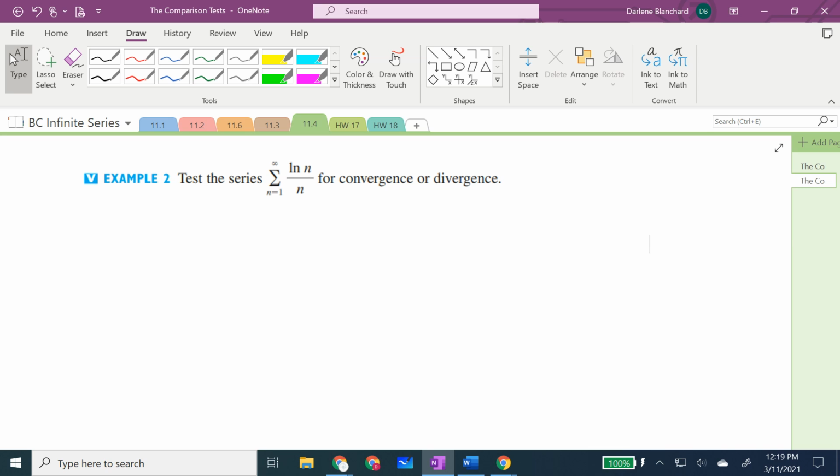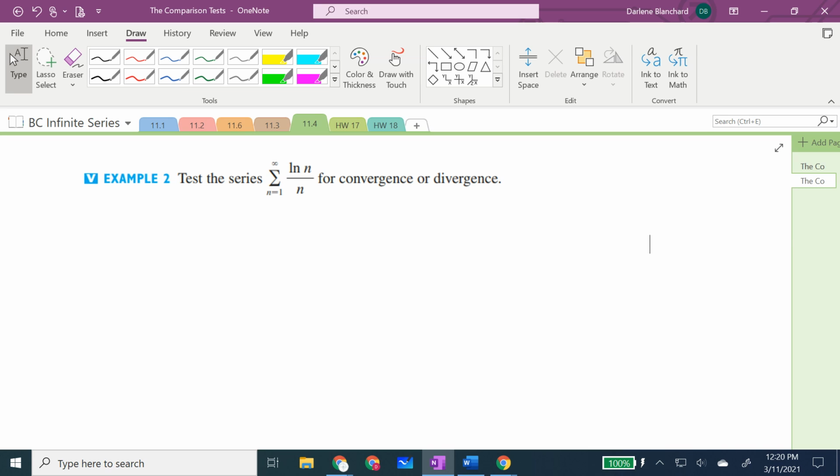But this one isn't obvious. Some of the ones you're going to run into will be obvious, some won't be obvious. When we went over the integral test, I mentioned to you that most of the time there is a way around it if you see it. This is one of those cases.